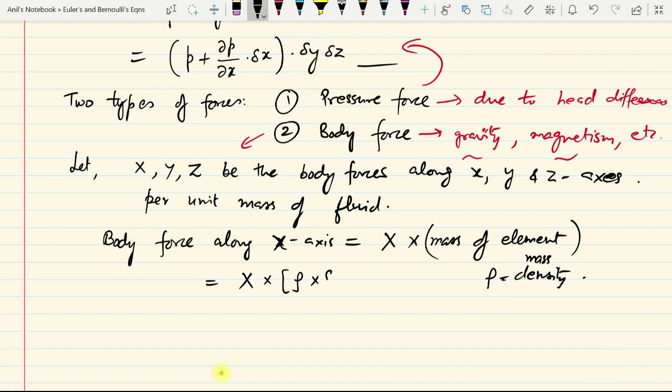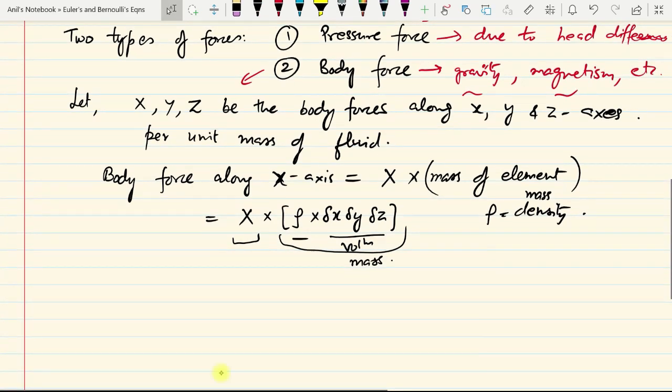Rho into delta x, delta y, delta z. So we multiply volume with density, and we multiply this mass with the intensity of force per unit mass. We get the total force acting on the element along x direction.